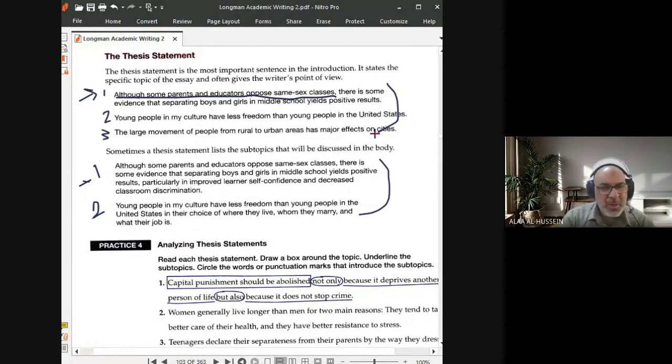يعني in English language, the writer will defend, support his ideas that separating boys and girls in middle school classes will yield positive results. He will give examples, he will give explanations, details, maybe anecdotes, whatever type of supporting. He will try his best to defend his idea.